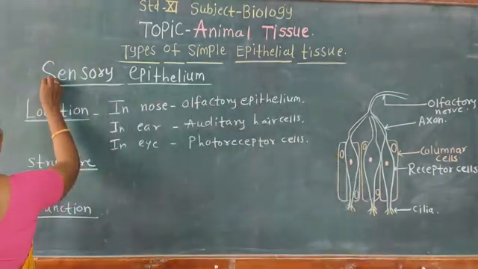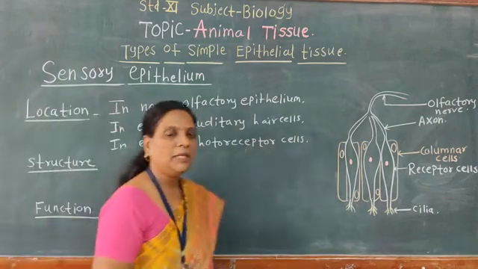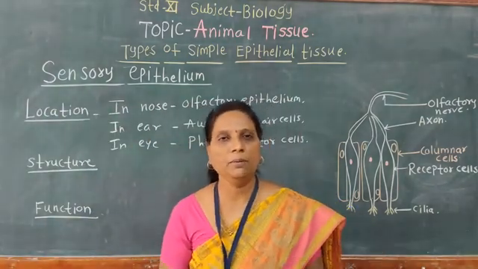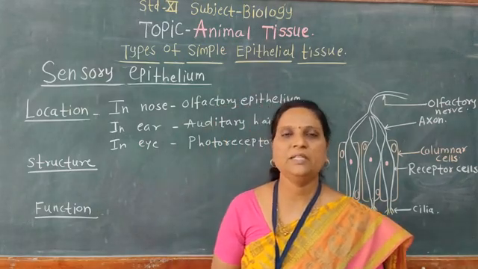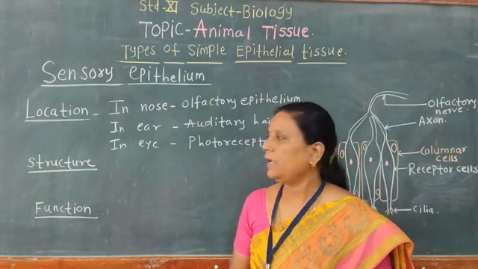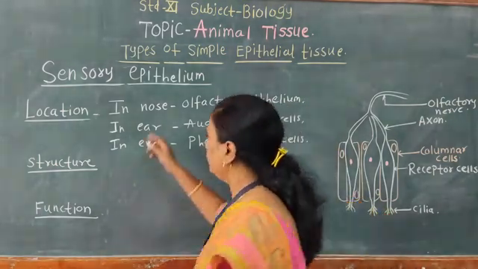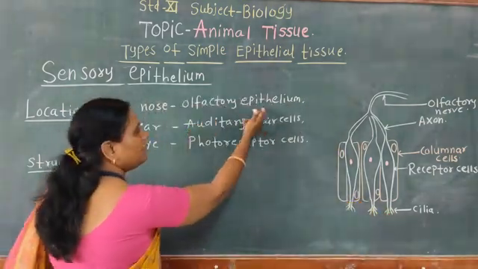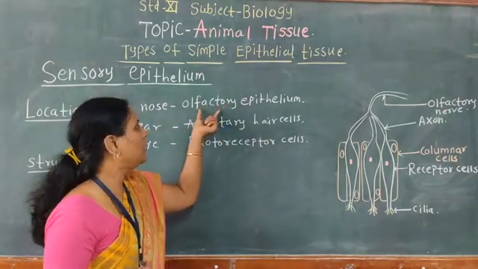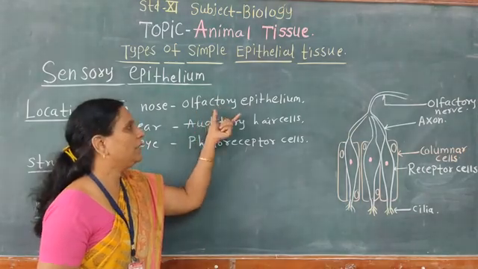It is the modified epithelium for receiving stimuli and converting to impulse. They are mostly present in the receptors, mainly nose, ear and eye. In the nose, they are called the olfactory epithelium. It is for receiving stimuli of smell.